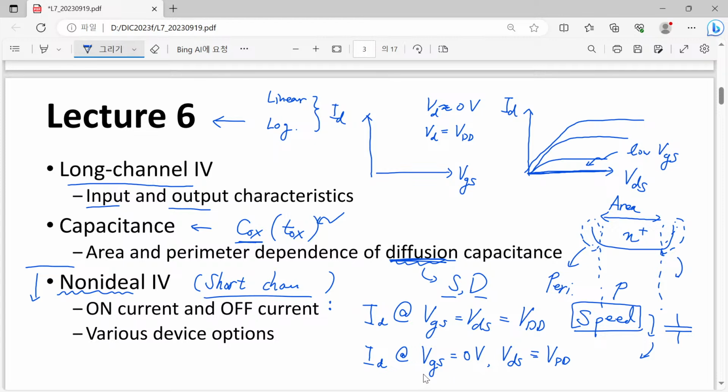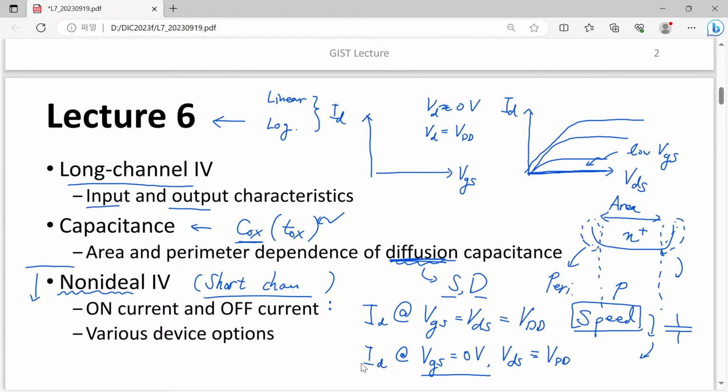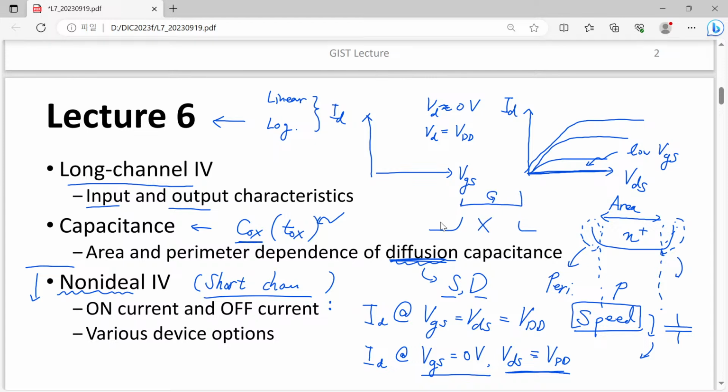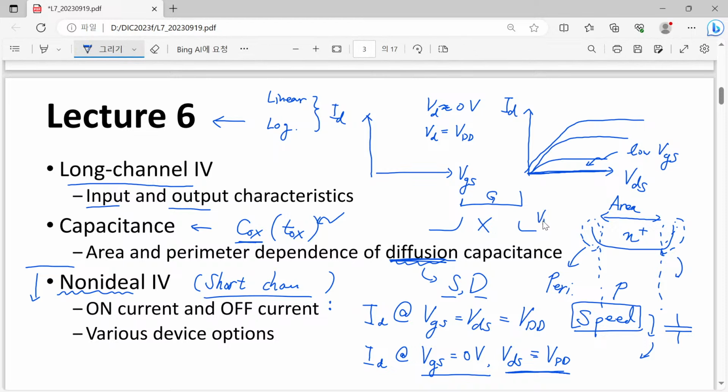So basically, since the gate voltage is 0, in the ideal case we must have 0 current or extremely small current. However, the drain is biased to VDD. Although our channel and our gate say nothing, here we have VDD, which just attracts our electrons from here.